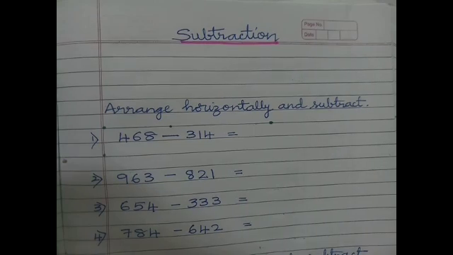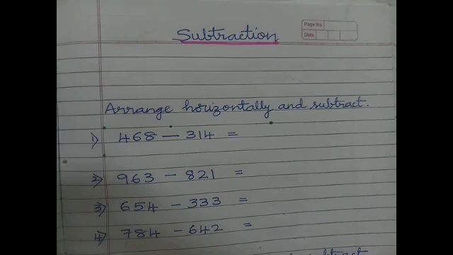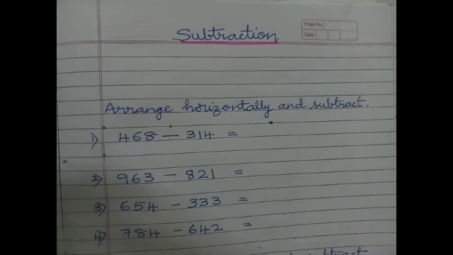Yes, for bigger numbers, we have to arrange them in horizontal or vertical arrangement, and then we have to subtract. We did the same method for addition also. For adding the numbers, we arranged the numbers in horizontal or vertical arrangement, and then we added.